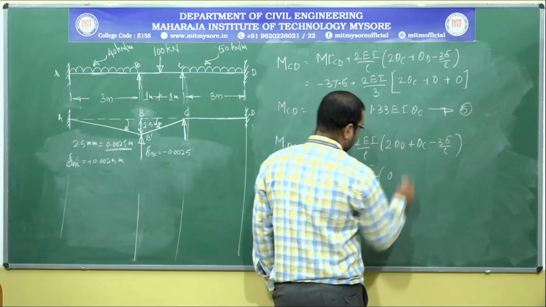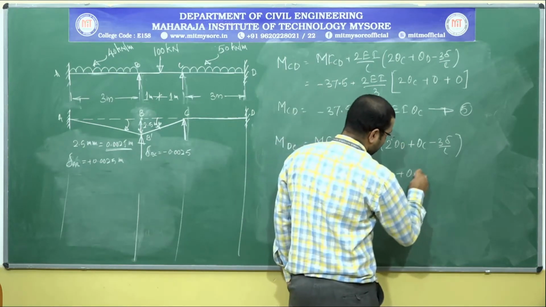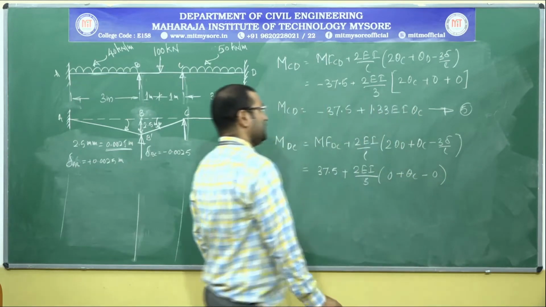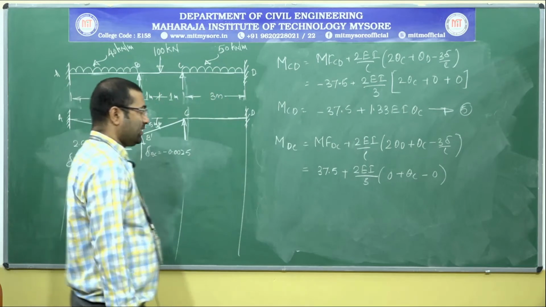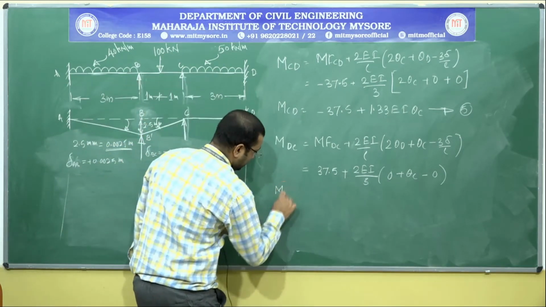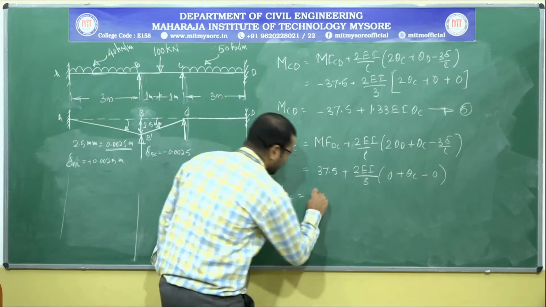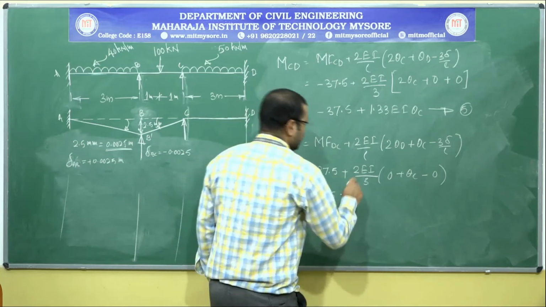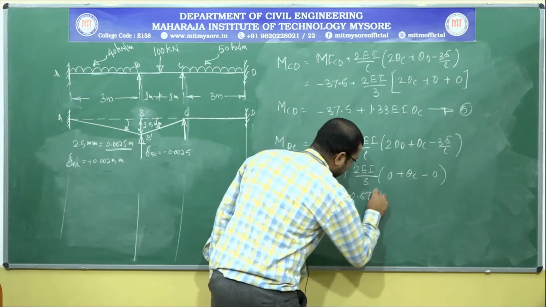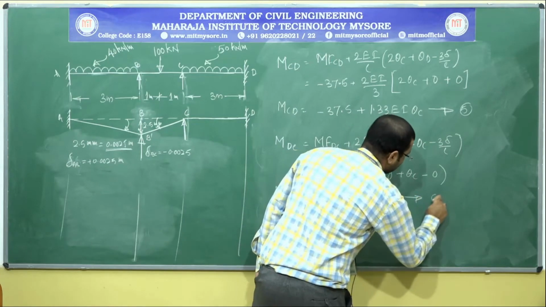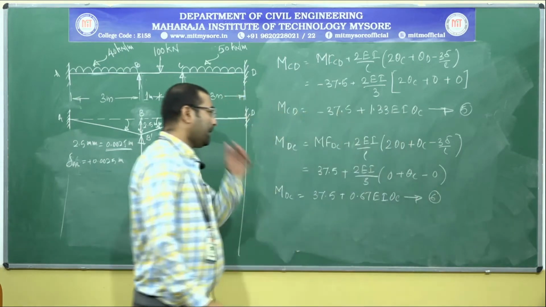So theta D is 0 plus theta C minus 0, as the sinking is not affecting the span CD. So MDC is equal to 37.5 plus 0.67 EI theta C. Call this equation number 6.